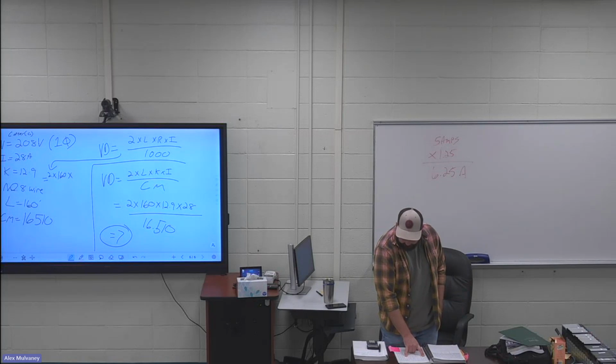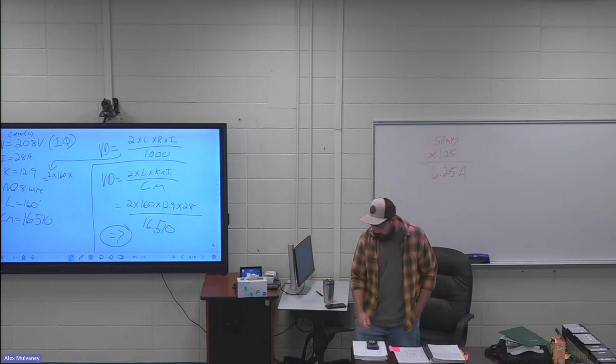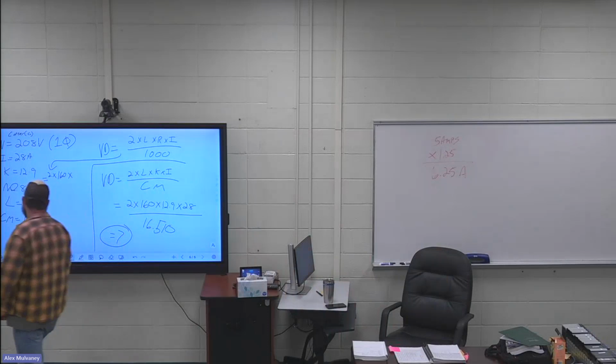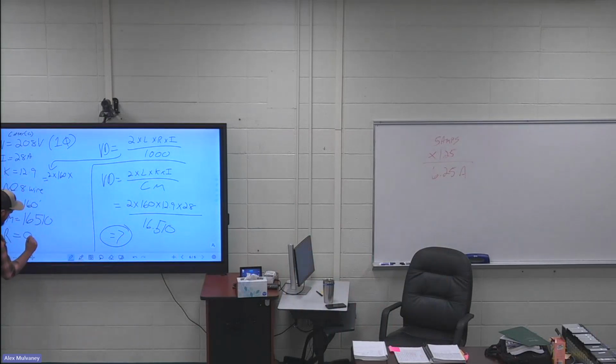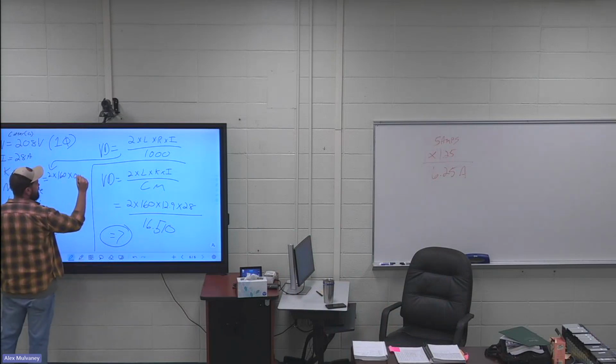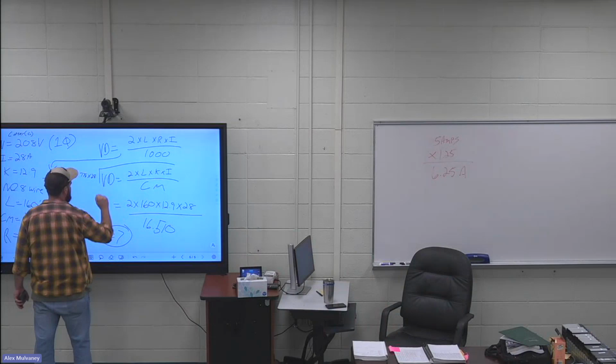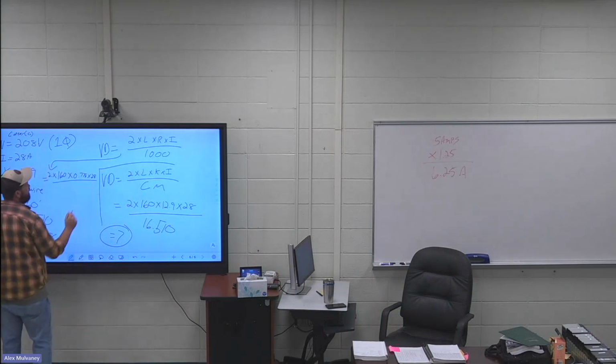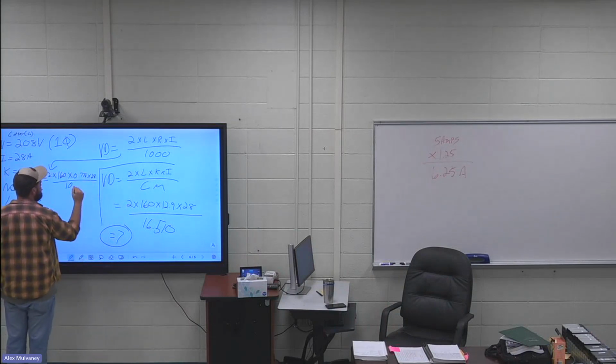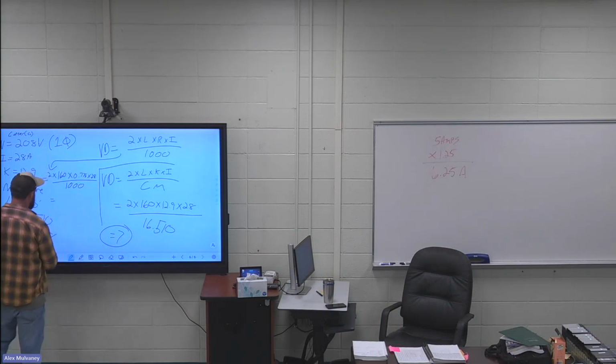It is 0.778 ohms per 1,000 feet, times 28, over 1,000. Everybody put that in the calculators.